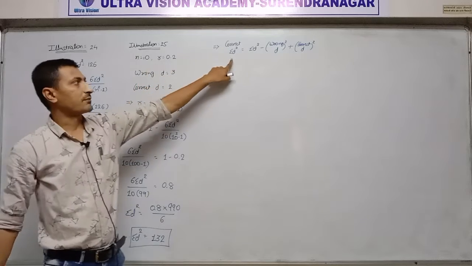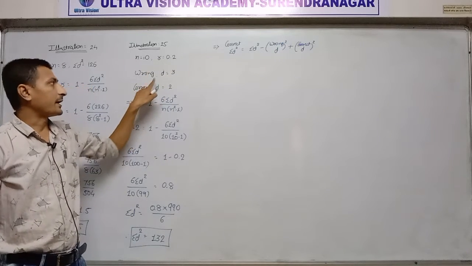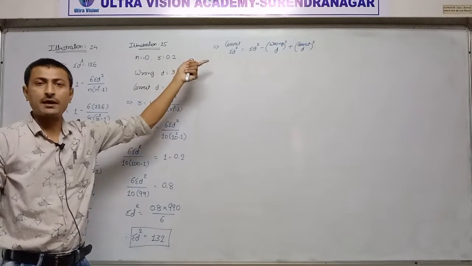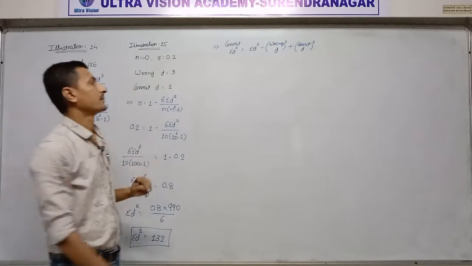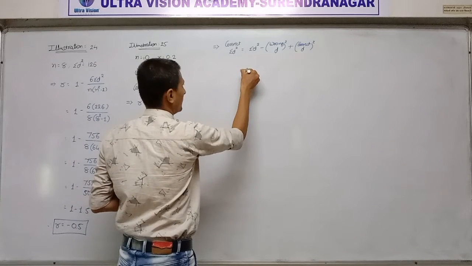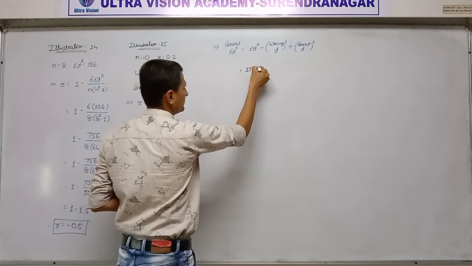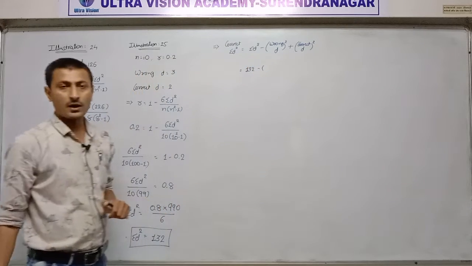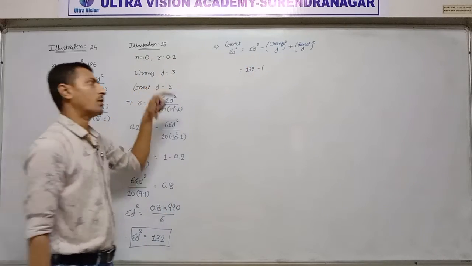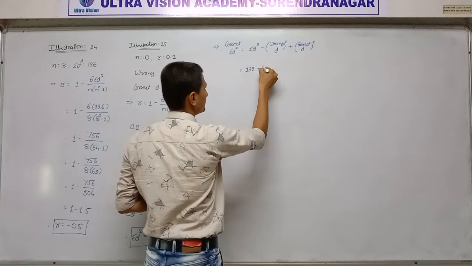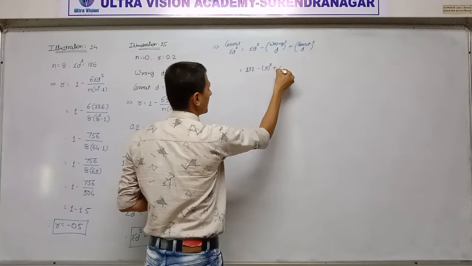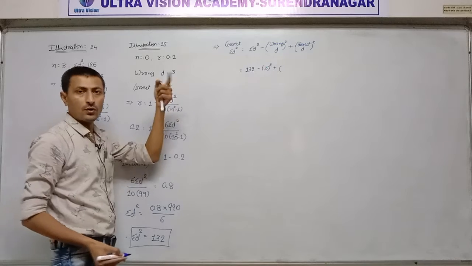Here sigma d square is found, and the wrong and correct d are also given. So d square plus or minus. So sigma d square is 132 minus wrong d value 3 whole square plus correct d 2 whole square.